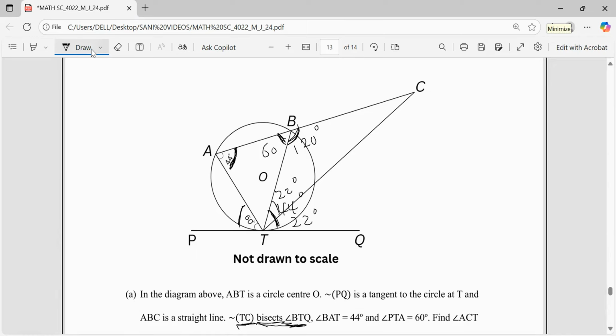Now we can find angle ACT. That's this angle here. So therefore, angle ACT, since the angle here is already 120, and the angle here is 22 degrees, we can apply sum of angles in a triangle.